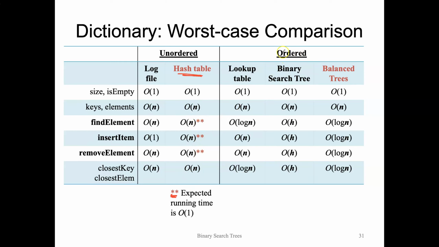But with an ordered dictionary, we can use a binary search tree in order to implement these functions. Find, insert, and remove element all run in big O of h, but h, the height of our tree, could be as large as n if we don't have a balanced tree, which means we don't really have a better runtime than just using a lookup table.